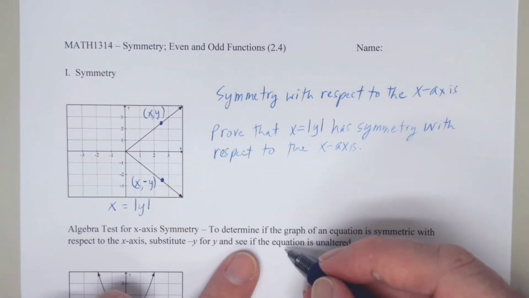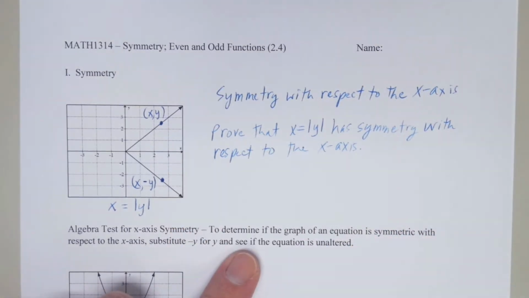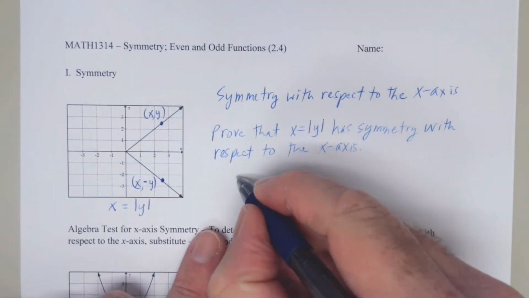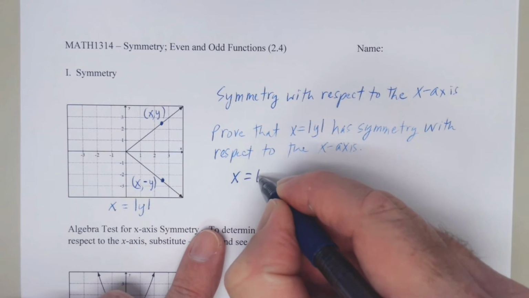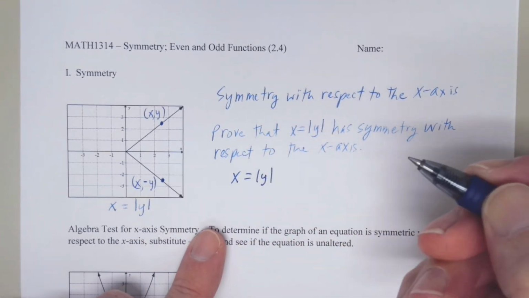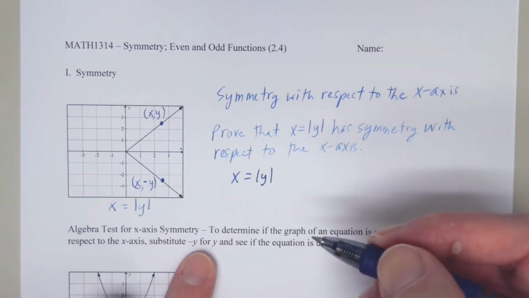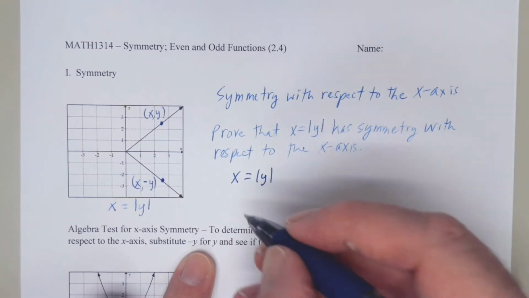And again, we're using this algebra test. Actually, it looks like I need a different pen. So let's start with x equals absolute value of y. We're going to replace y with minus y.